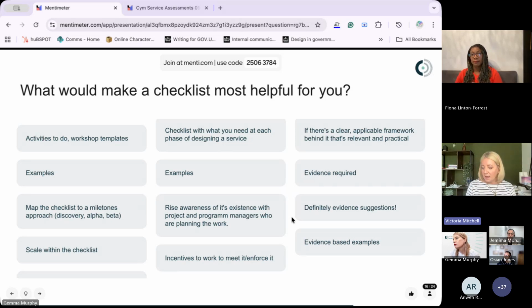So that's something that we definitely heard, and perhaps something to consider if the checklist itself moves forward.